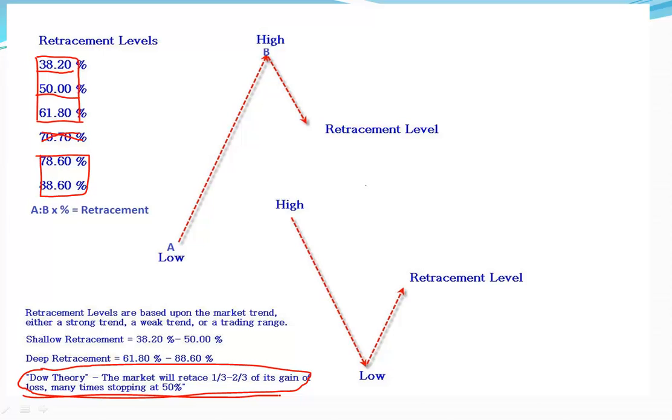That book gives you the theory of the technical analysis of the markets. It says that the market can retrace 1/3 to 2/3 of its gain or loss, many times stopping at 50%. So we're going to look at 1/3, 50% or half, and then 2/3.